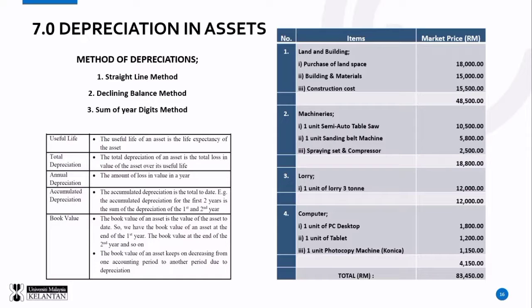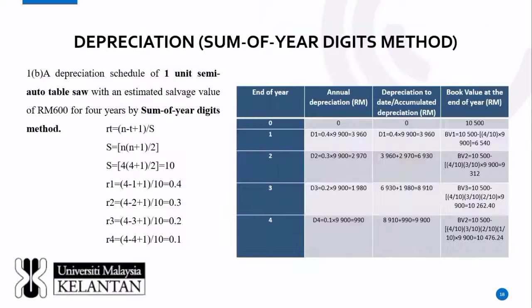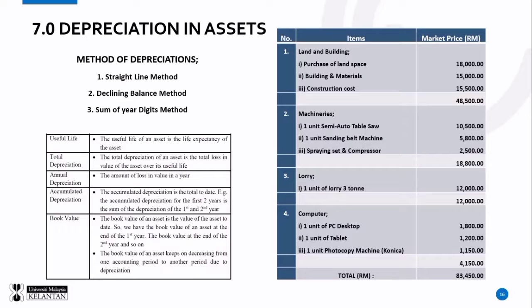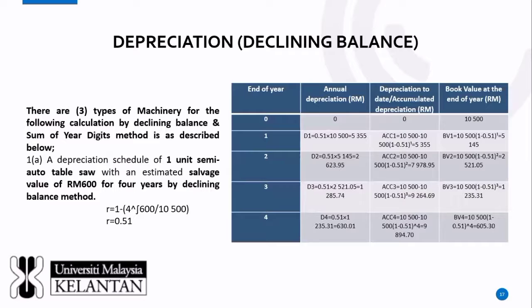The lorry and transportation is 12,000. Computers include 1 unit of PC desktop, 1 unit of tablet, and 1 unit of photocopy machine, Konica brand, 1,150. So the total for all the assets is 83,450 overall.